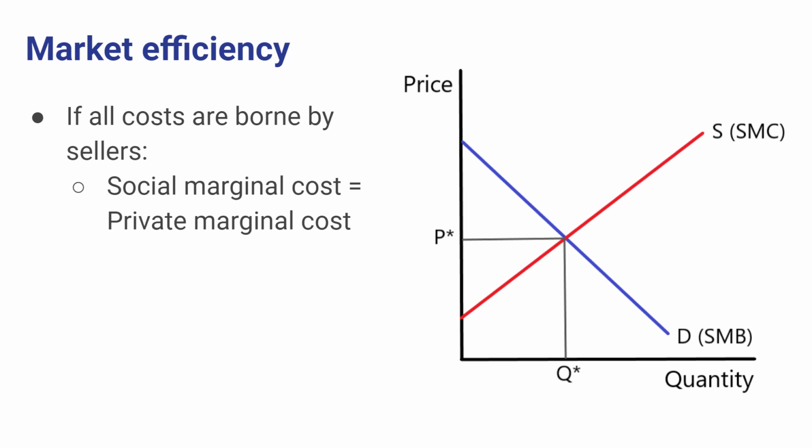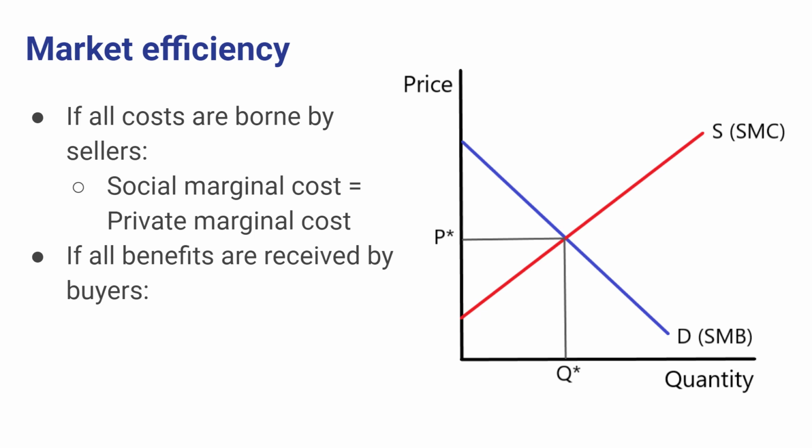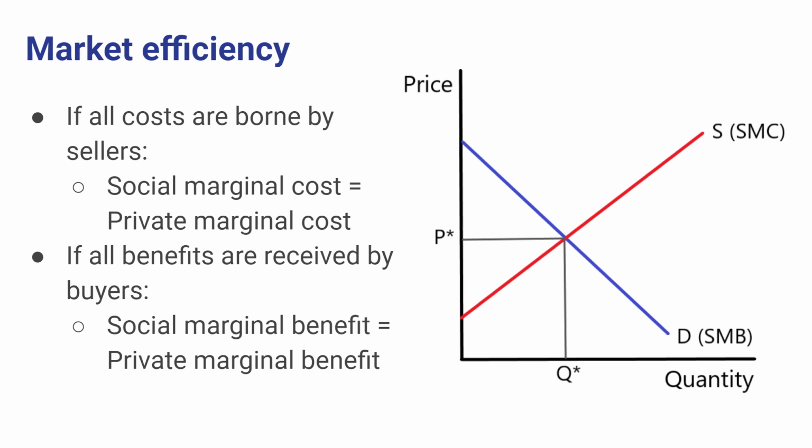And if all the costs are borne by the seller, the cost to society is just equal to the cost to the firm, because all the costs of production in that case would be borne by the seller of the good. Similarly, if all the benefits are received by the buyer, then the social marginal benefit should just equal the private marginal benefit.